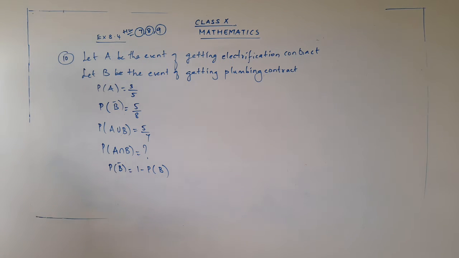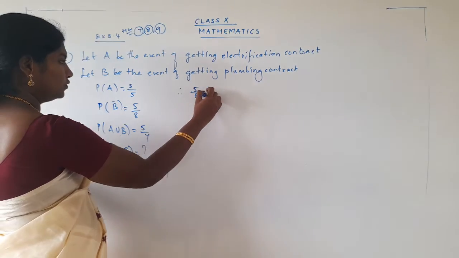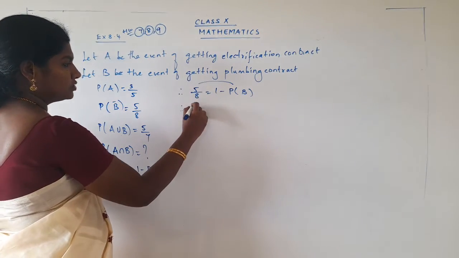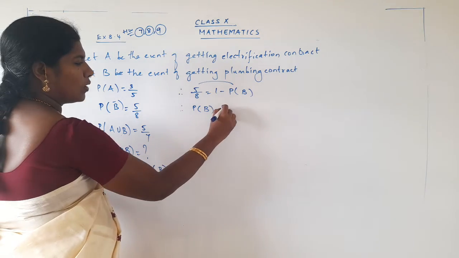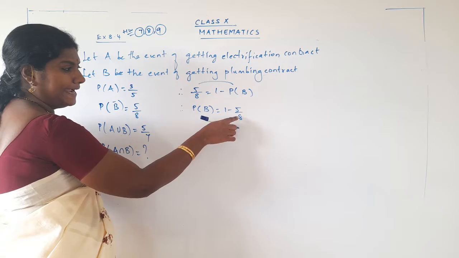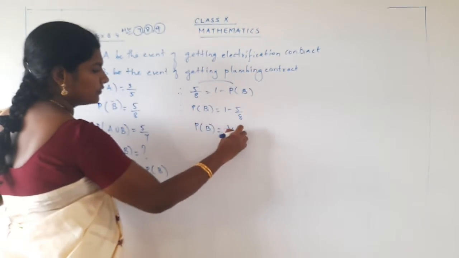So 5 upon 8 is equal to 1 minus P of B. Just interchange them, so P of B is equal to 1 minus 5 upon 8, which is 8 minus 5, 3 upon 8. So we have found P of B.